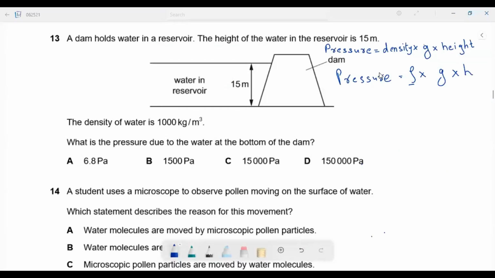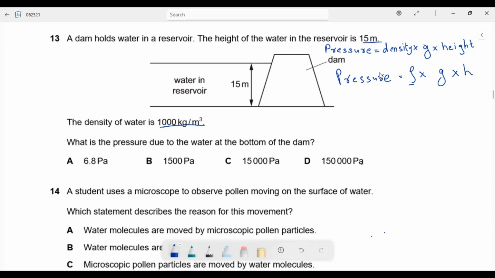Next, a dam holds water in a reservoir. The height of the water is 15 meters. The density of water is 1000 kg per meter cube. What is the pressure due to the water at the bottom of the dam? So pressure is equal to density into gravitational acceleration into height.